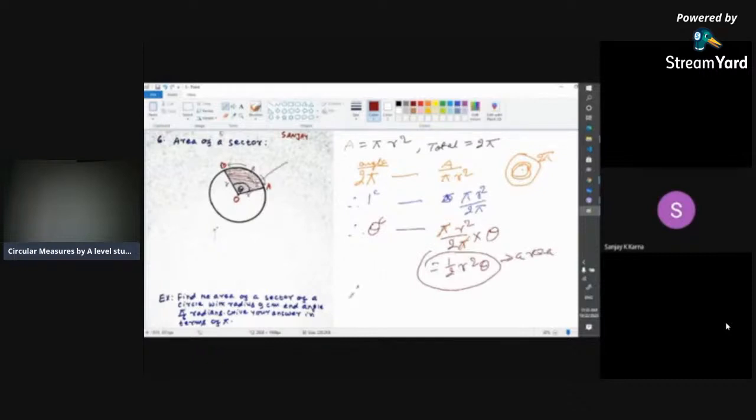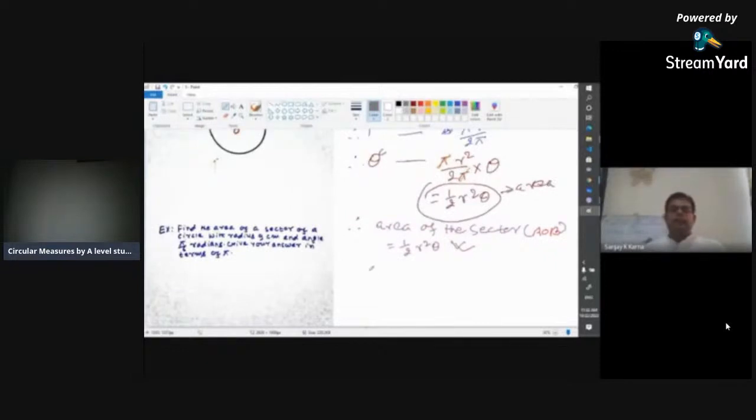So the area of the sector, in this case sector AOB, is half r squared theta. This is the general formula that we use to find the area of a sector of a circle when r and theta are given.